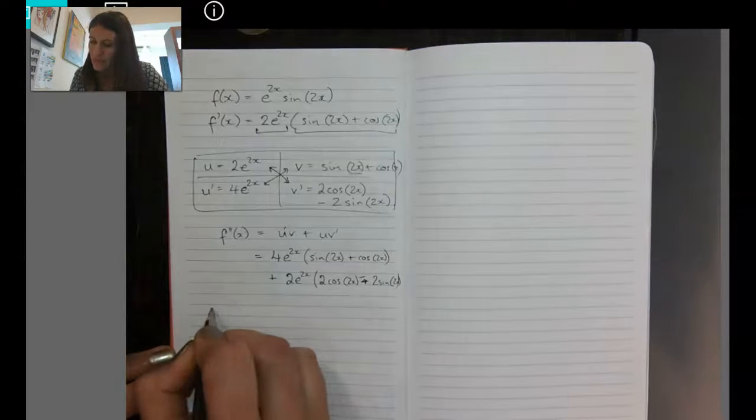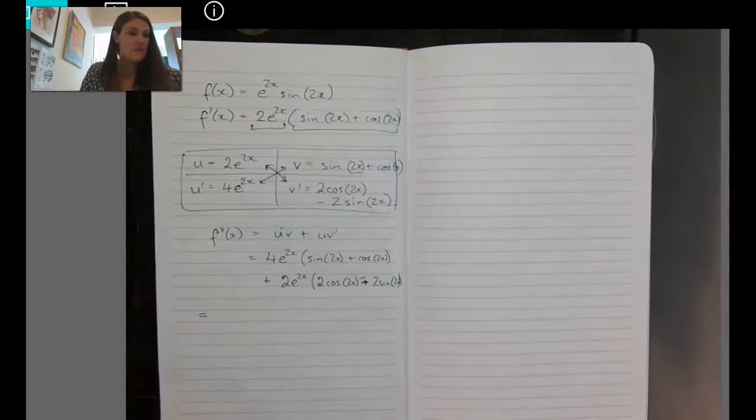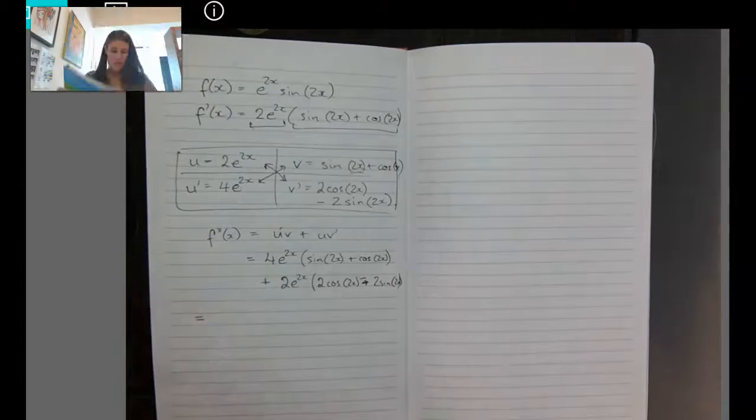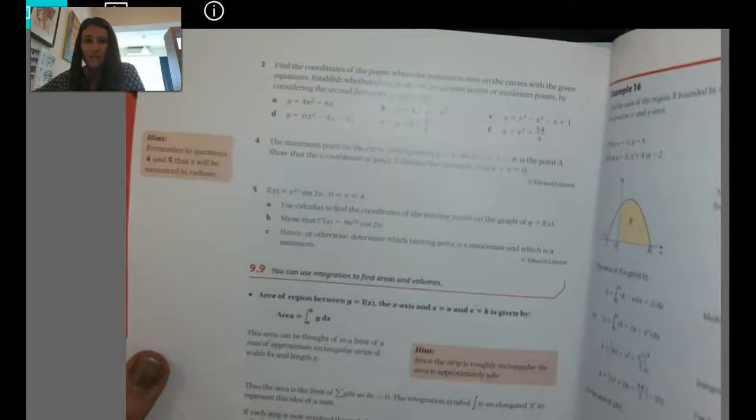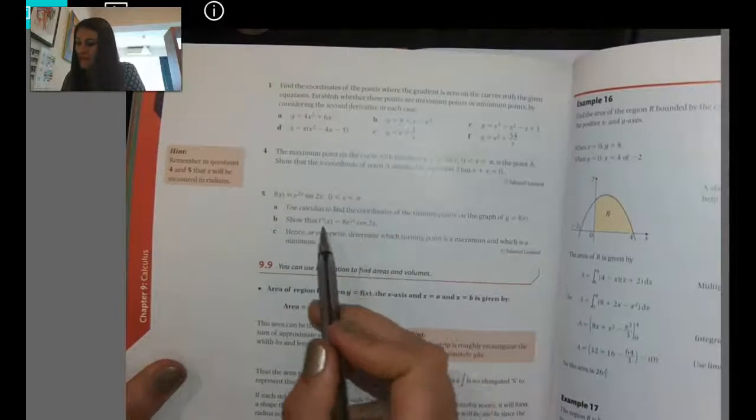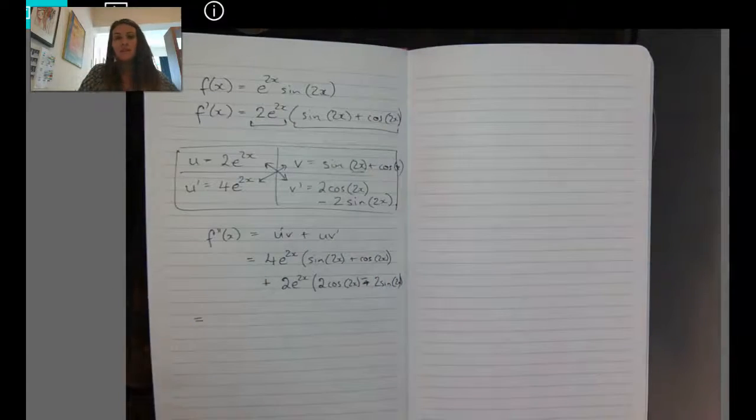Okay, let's expand it and simplify, and a reminder, just take a quick look at the book, we are aiming to get the answer 8e to the power 2x cos 2x. We're aiming to get that answer, so hopefully these signs will all cancel out.